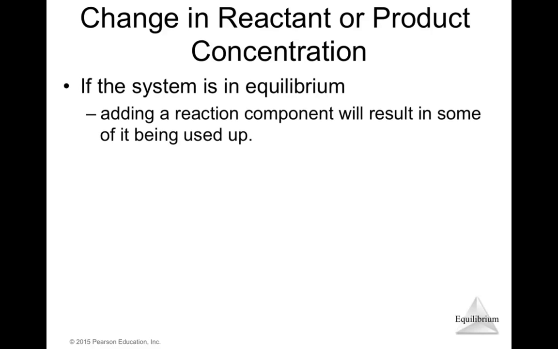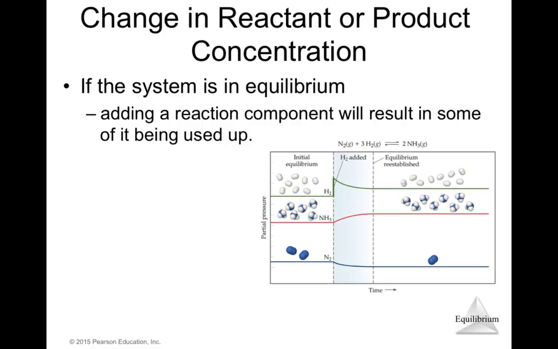If the system is in equilibrium, adding a reaction component will result in some of it being used up. For example, here we have the reaction of nitrogen plus hydrogen producing ammonia.